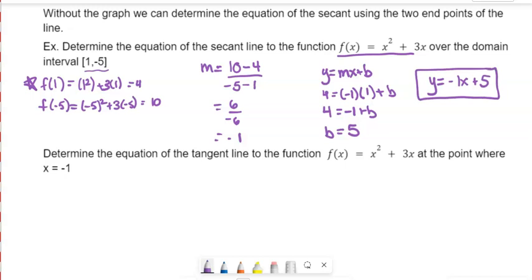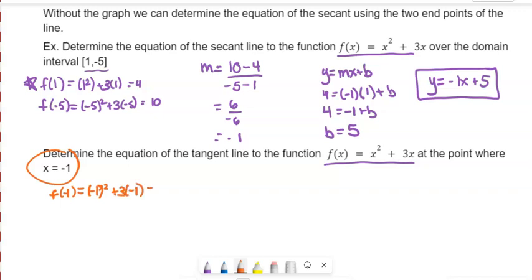Okay, and if we want to do the same thing without a graph at a particular point, so now we're finding a tangent. Okay, so we only have the 1 point. We're going to do the same process we did before, again with this function. So we definitely want to find f at -1. So I'll put -1 into my formula.